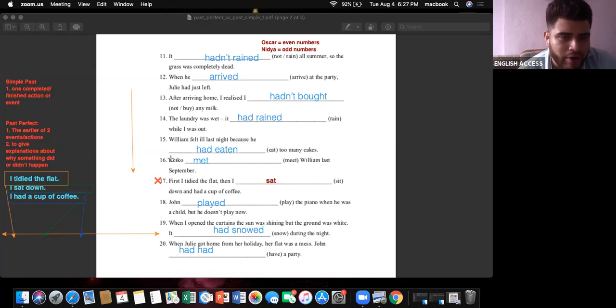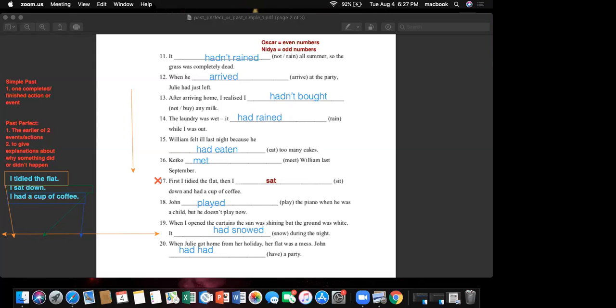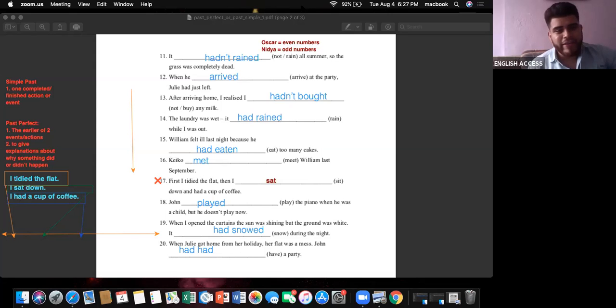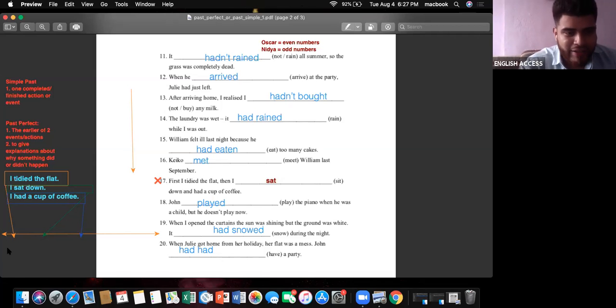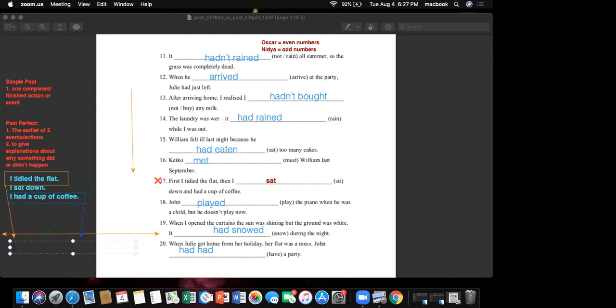All right. Now, out of these three events, the only one that can be past perfect is tidy. That is the only one because it is the earlier of two events, right? Because first, you tidied.